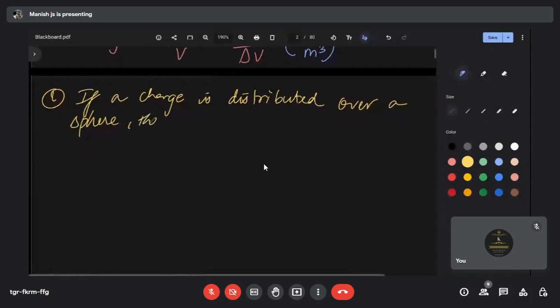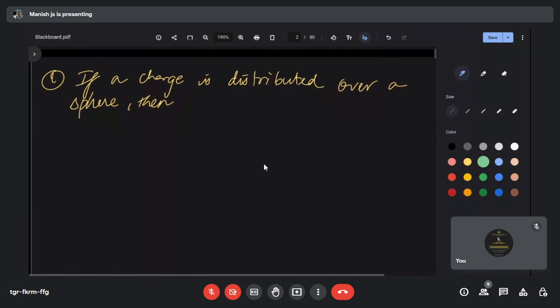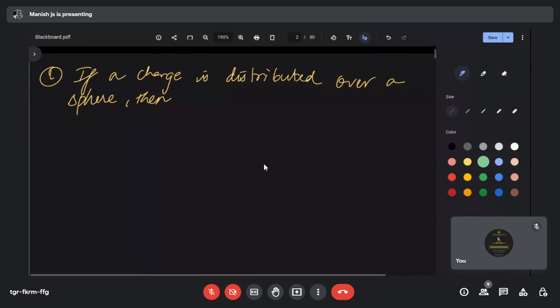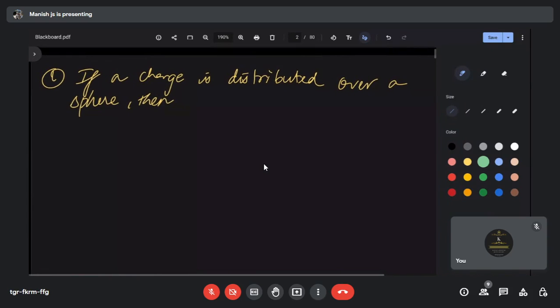okay, then what do we represent? You know that a sphere is a three-dimensional object. So what type of charge distribution would be more apt to represent? Because it is a three-dimensional object, obviously you talk about volume, isn't it? So first you represent the entire sphere.